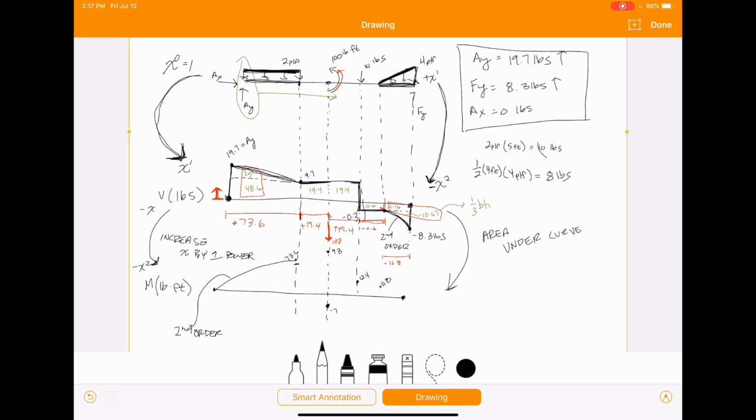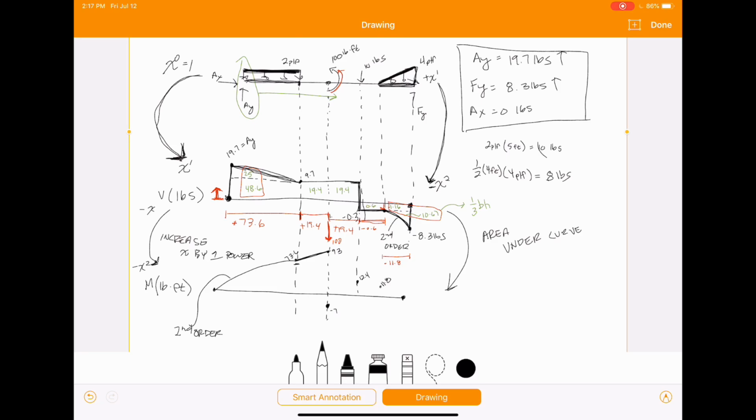It's on the positive side, so that's like having just 1, so increase the power of x by 1. We're just going to end up with x. So positive x, so just a straight line between those 2 points.